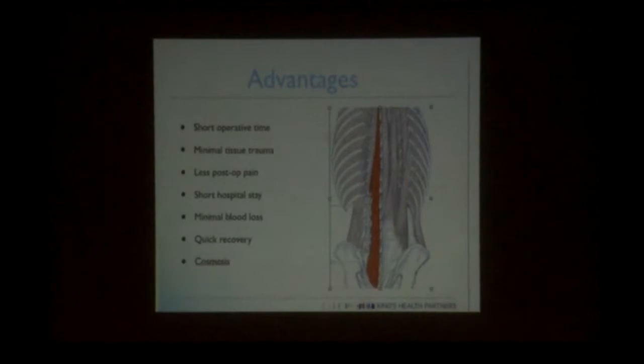minimal blood loss. We know there is one important muscle, the multifidus, which maintains our segmental stability. It is attached to the spinous process and goes to the transverse process. Any surgery will cut that muscle from the midline if we move any structure laterally.